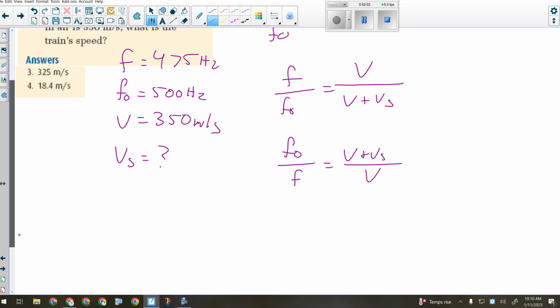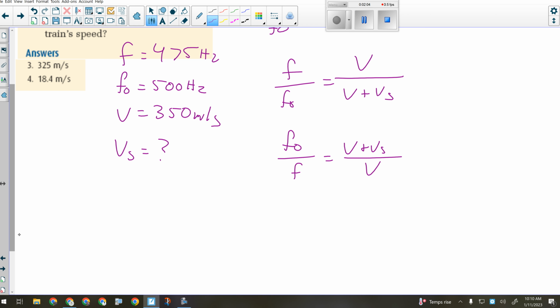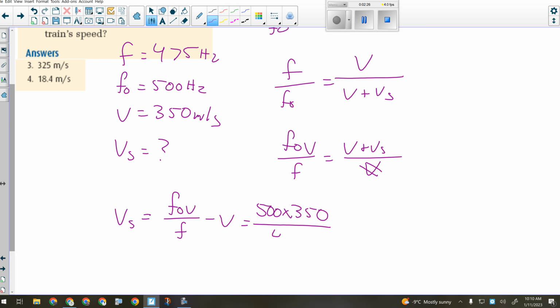Now what do we do? Multiply both sides by V, and then subtract the other V. So what I'll be left with is this: the speed of the train equals FOV over F minus V. So that'll be 500 times 350 divided by 475 minus 350.